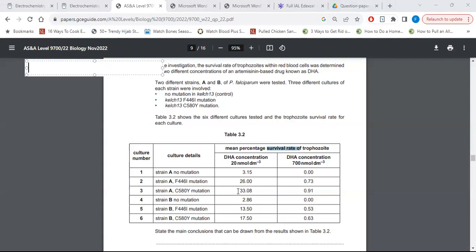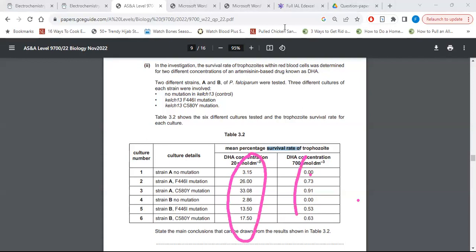The general observation I think we can see is that for the low concentration, the survival rate is a bit higher compared to the high concentration, right? At 700, the survival rate is very low.